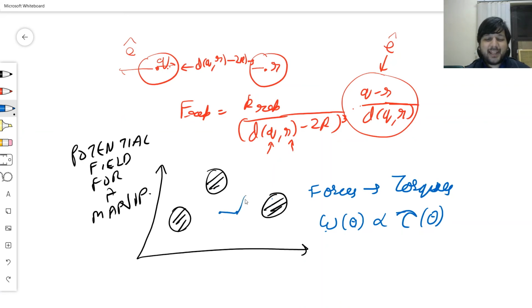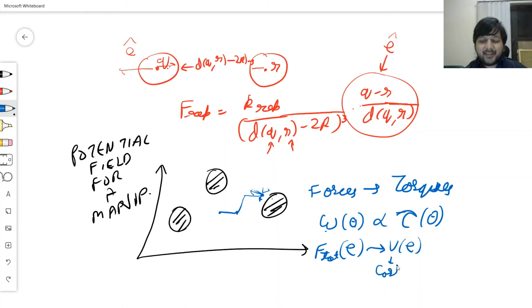The other way it's applied is you say I don't care about the body, all I care about is the center of mass. So you apply all the forces on the center of mass, you don't care about the rest, and you calculate the resultant repulsion force. That resultant repulsion force of the end effector is converted into the desired speed of the end effector.